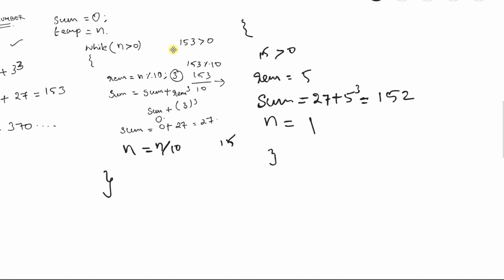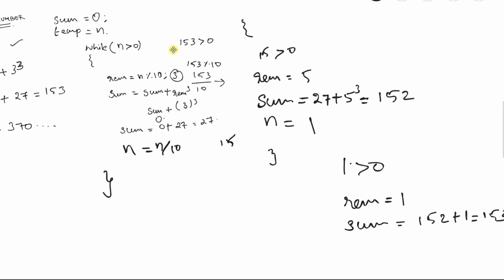For the next iteration, 1 is greater than 0. The remainder value is 1 mod 10, which is 1. Now we add that value to the sum: 152 plus 1 cube is 153.